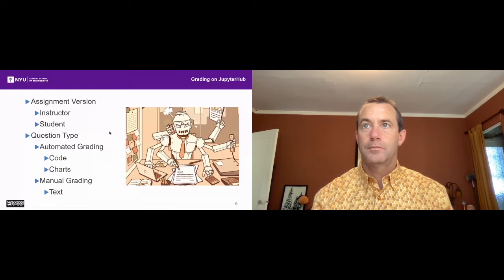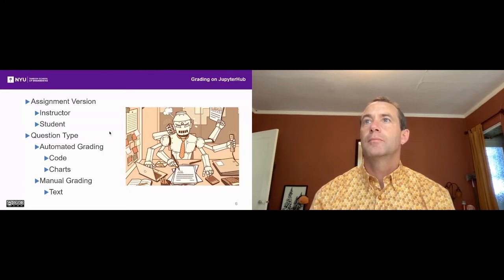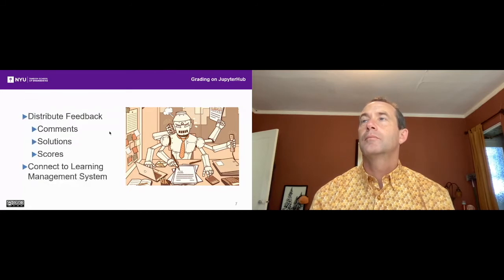And the assessment can be divided into two parts. Usually the code is assessed through auto grading, and the charts and text are assessed through manual grading. So I'll get back to that difference at the end of the presentation.